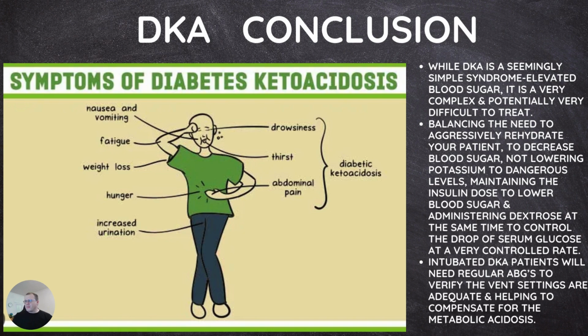And I feel like DKA is one of the most stimulating pathophysiologies and illnesses to deal with, because of all the little factors that you have to consider: the ventilations, the electrolytes, the insulin, the fluids, everything. It is a fun disease process to manage, if you like being hands-on and doing stuff, which I do.